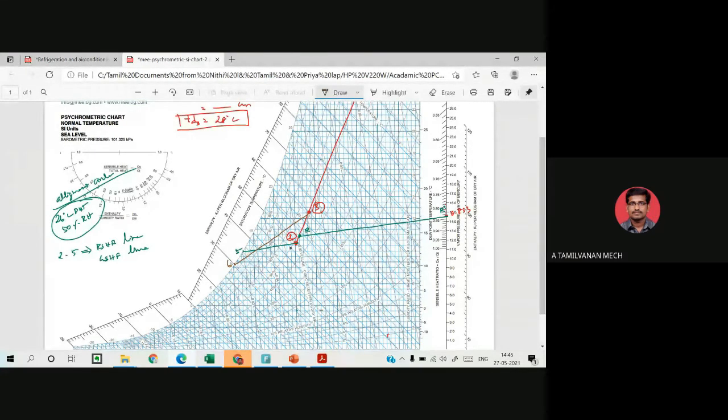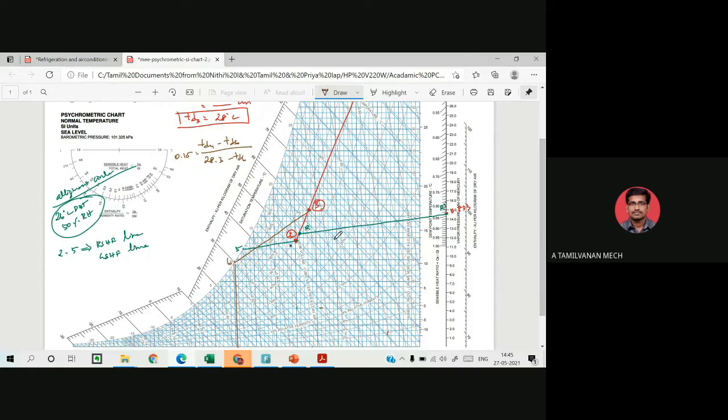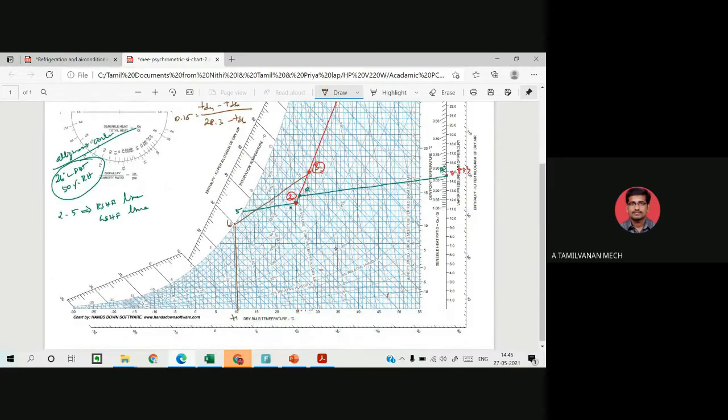Already we have the formula: 0.15 is equal to TD4 minus TD6 divided by 28.3 minus TD6. From the diagram, you note the value. This is the TD6, where it is intersected.